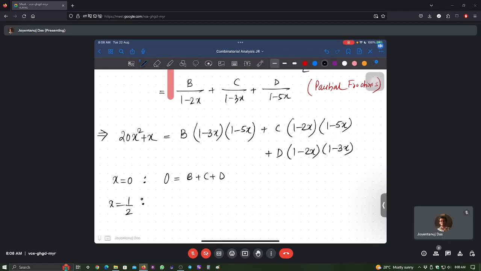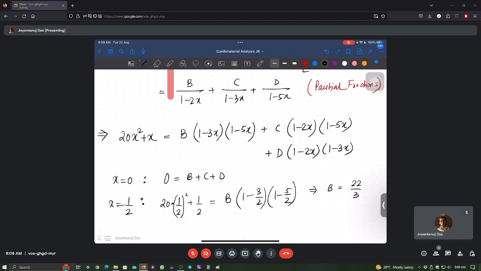In the book they have taken B, C, D in some different orientation, but that is fine. So 5 plus 2, and this will give us B as 22 by 3.